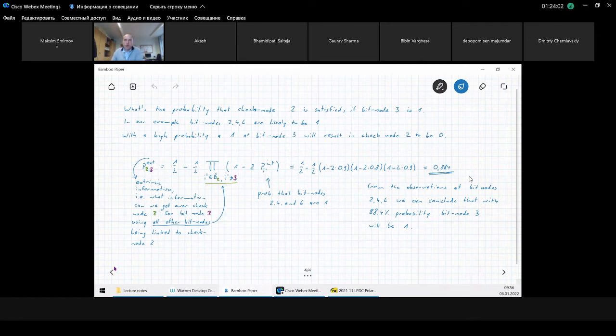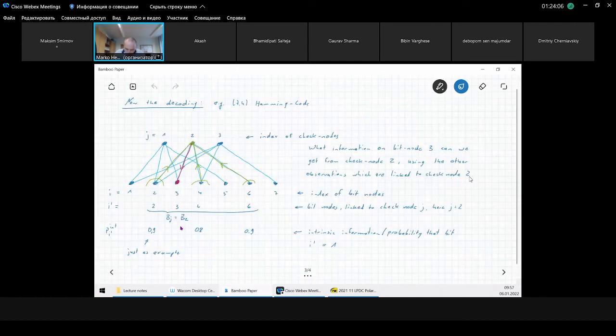Of course, now in the further steps, we will have an intrinsic probability on our bit node 3 here from the noisy observation. It could be that maybe only with 0.1% probability from our observation, we know that bit 3 is a 1 bit.